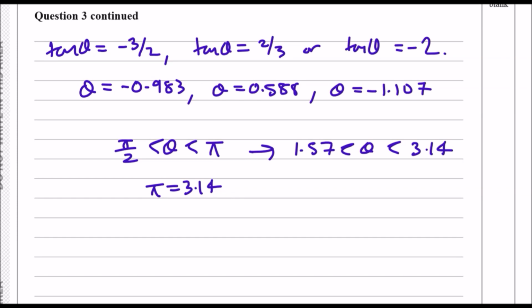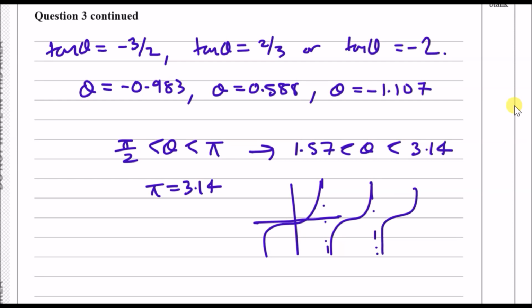Well, two ways. We could use the CAST or quadrant method, but that's a bit long. The second method is to realize, by sketching a tan graph, that every single 180 degrees, it just repeats itself forever. So if you had a result on this value here, and you add an extra 180 degrees, you get another similar result, and so on.